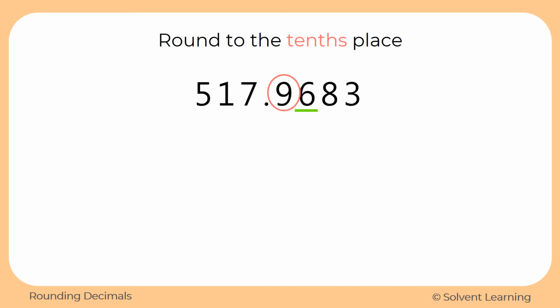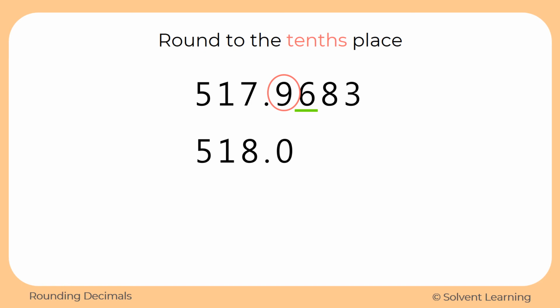But we can't fit a 1 and a 0 in that spot. We can only fit one digit in that place value. So that means that the 1 from our 10 is going to carry over to the 7. And now the 7 is going to become an 8. So now we have 518.0.